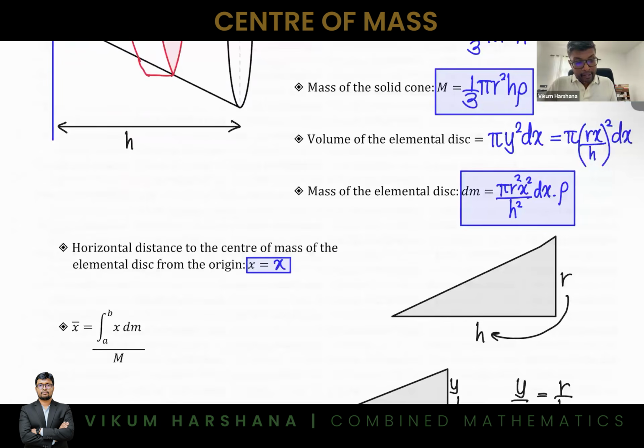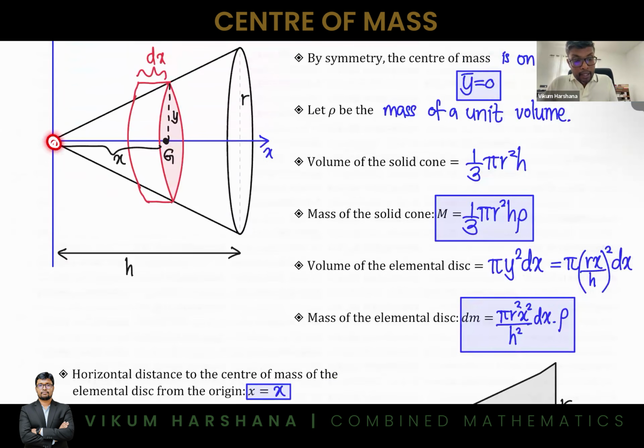So we have everything now. Let's fill in the blanks. Now what is the limit of x? Look at this. x starts from here and goes all the way to here, right? When the disk changes, its distance also changes from 0 to what? From 0 to h. h is the maximum mark, 0 is the minimum mark.